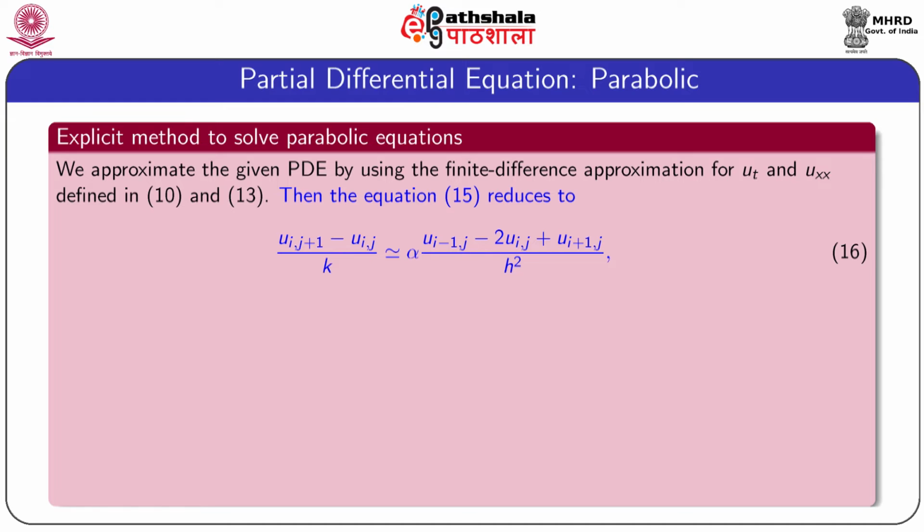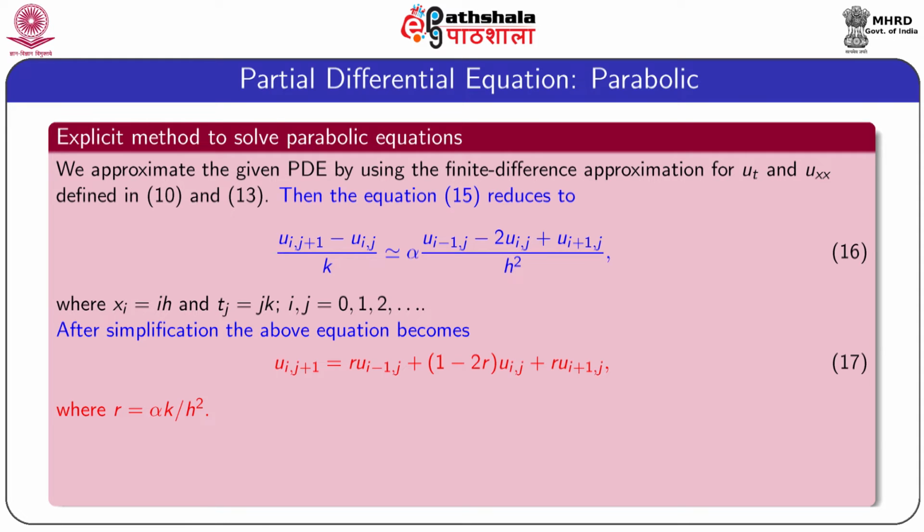After simplification, we get the following equation: ui comma j plus 1 equal to r into ui minus 1 comma j plus 1 minus 2r ui comma j plus r into ui plus 1 comma j, where r equal to alpha k by h square. Alpha is the given constant, h and k are the step lengths along the x and y directions. So r is a very important parameter for this equation.